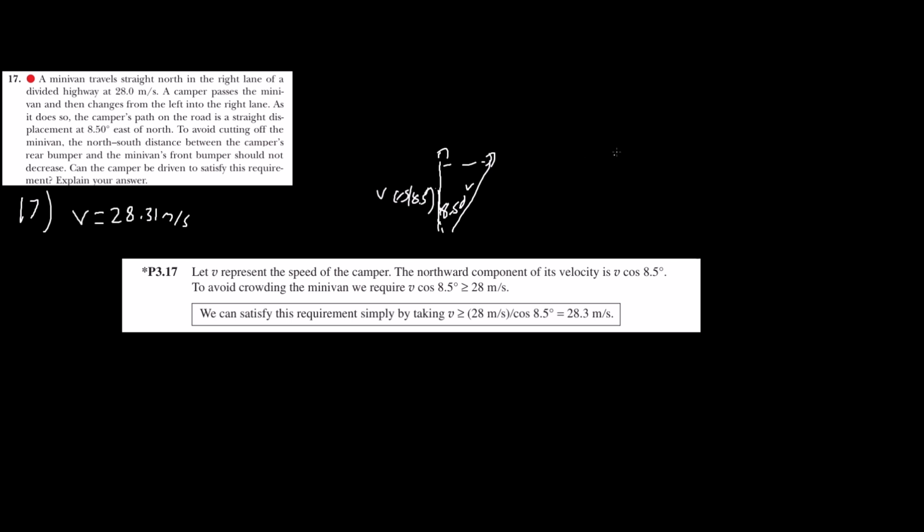So what they do is they take 28 meters per second and divide that by cosine of 8.5 degrees, and that should give you the velocity. In other words, the angle is y divided by x. Oh yeah, that's right, that's 8.5 degrees, we don't need to do that. So we can satisfy this requirement by simply making this velocity exceed those components in order for it to bypass. So the answer is yes. All right.